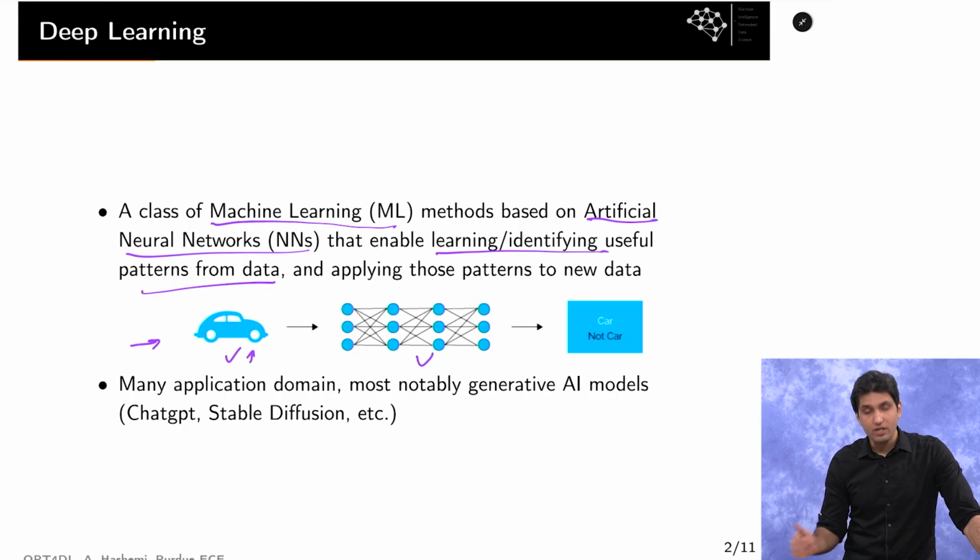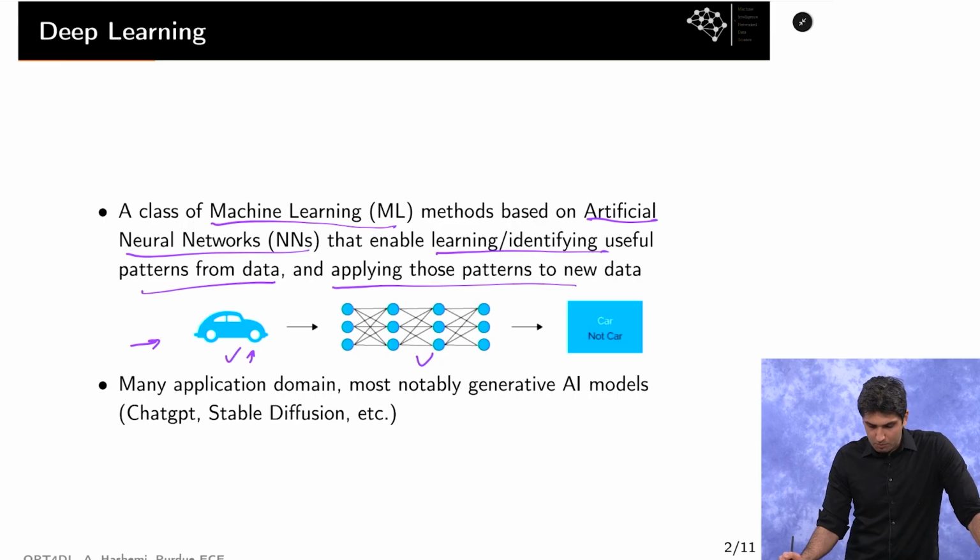Now, ideally, what we are hoping for is to not only perform well on the collection of images that we've used to train the model, but also perform extremely well on the images or the data that the model has not seen during the training phase, okay? So that corresponds to applying the patterns we've learned from the data to new data that we haven't seen, okay?